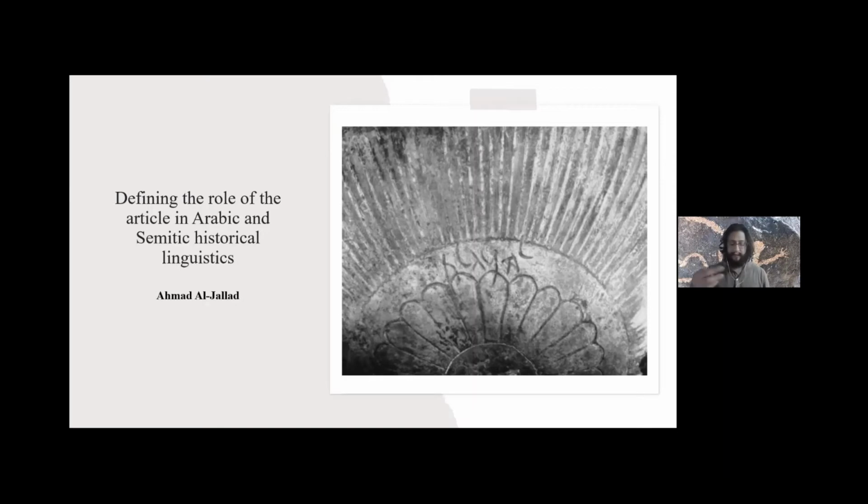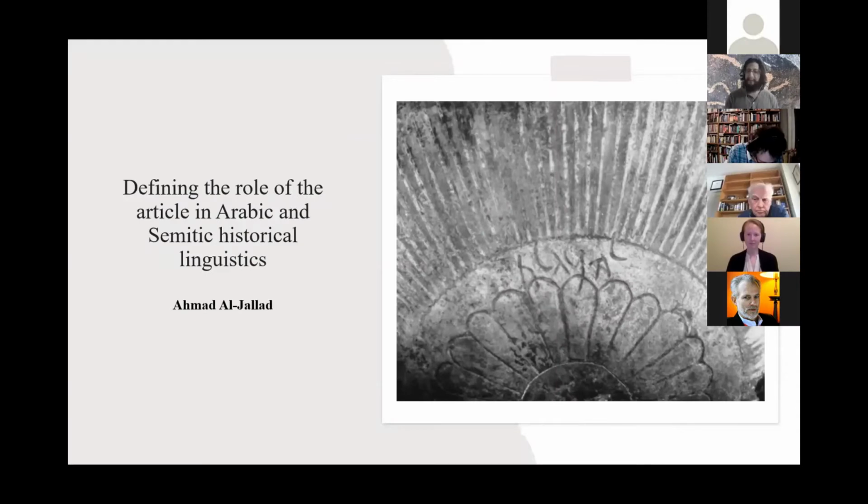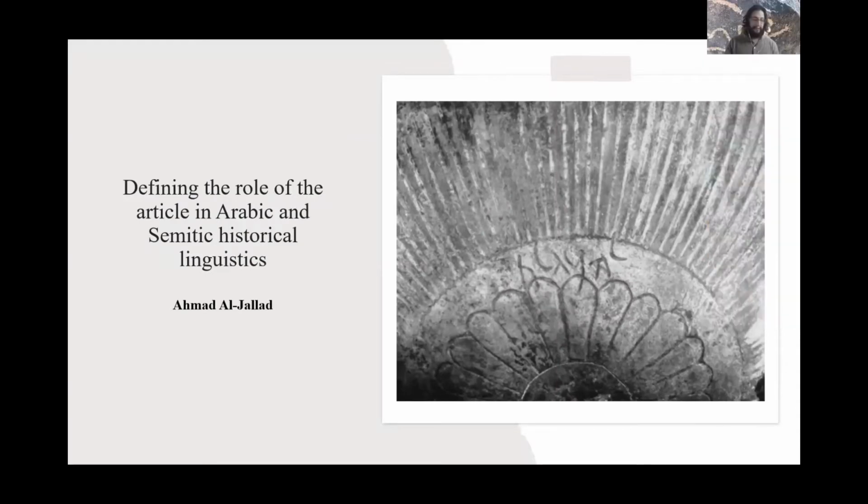What I want to do in this talk is problematize that methodology. Using the definite article in this way is simple, but we should recognize it simply as that. It's a simplified methodology that helps us organize a real mess of linguistic diversity into easy categories.